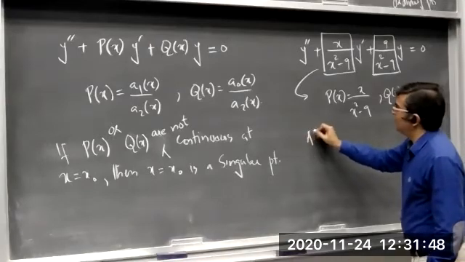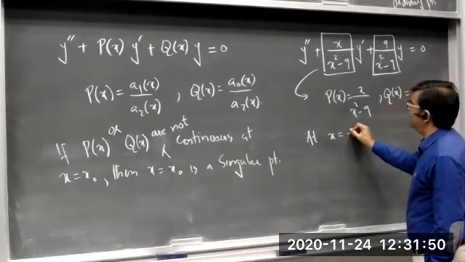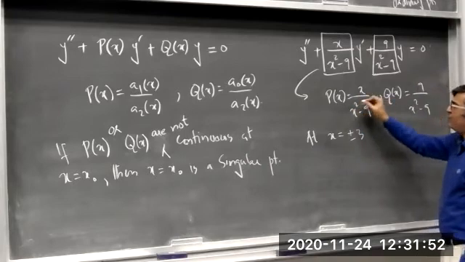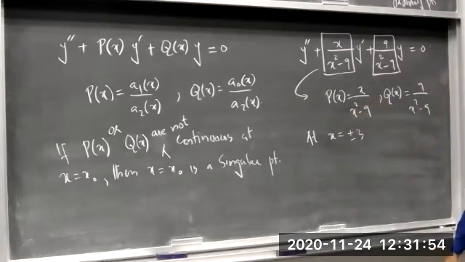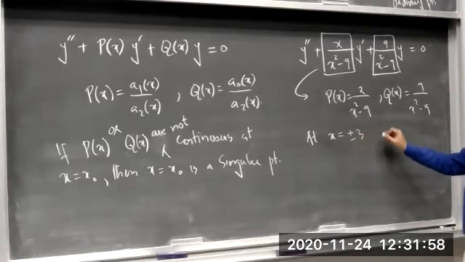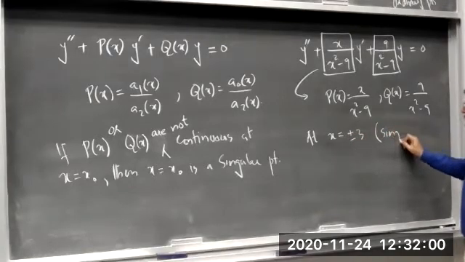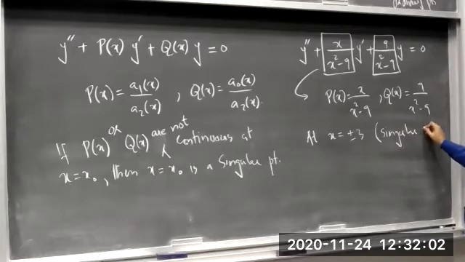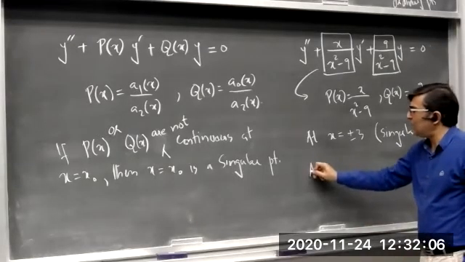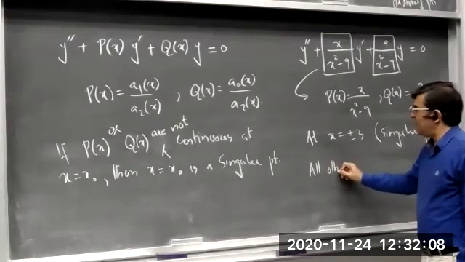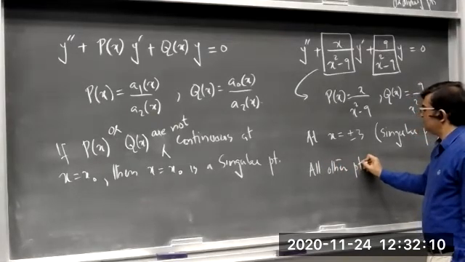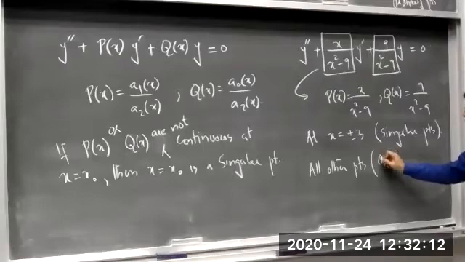At x is equal to plus minus 3 the denominator is 0. Therefore, x equal to plus minus 3 are singular points. All other points are ordinary points.